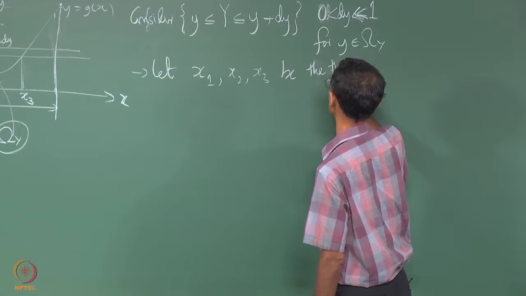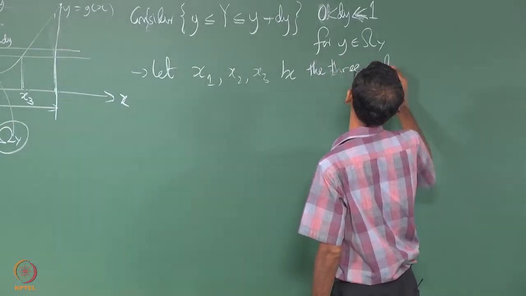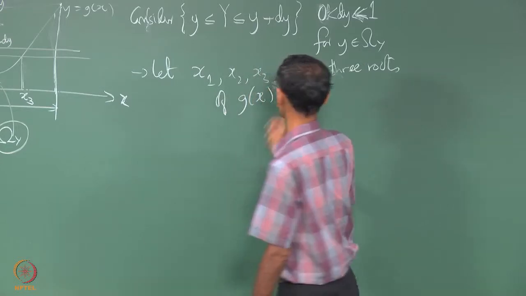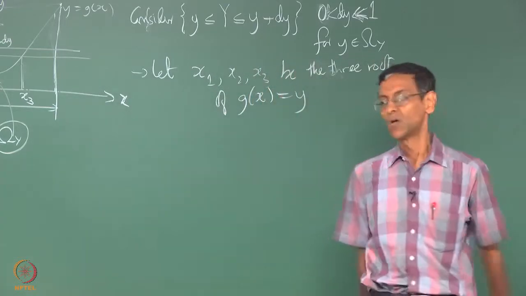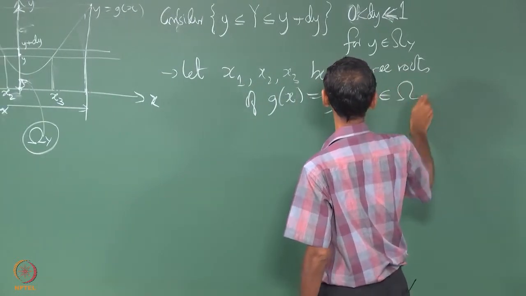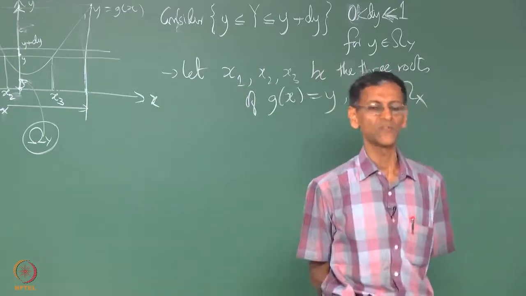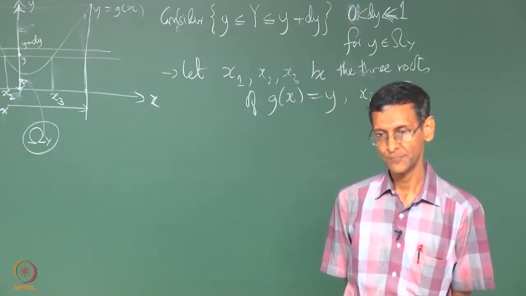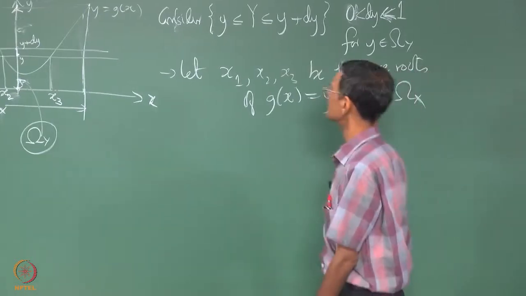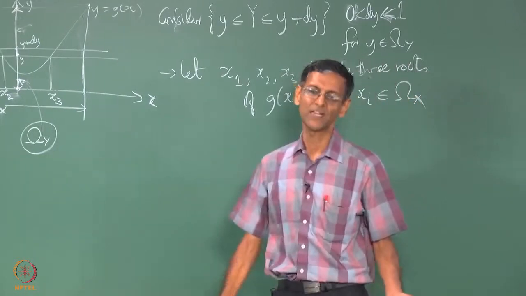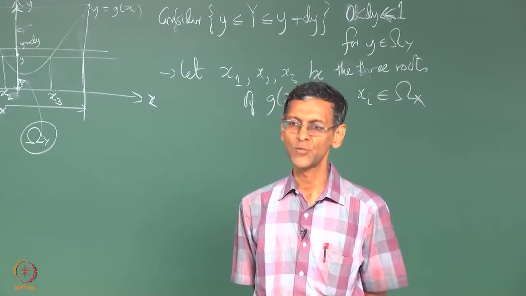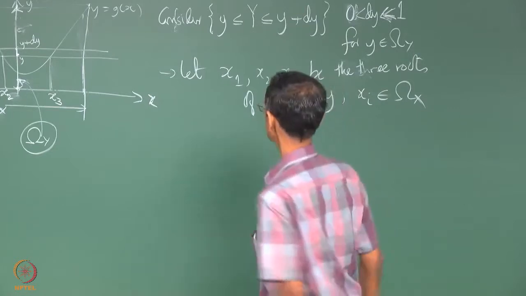The 3 roots of what equation? This g(x) equal to y. The 3 real roots where all of these xi have to belong to omega x. You are not interested in roots of the equation outside omega x. Right? There has to be at least one, but to make it more general I am assuming more than one, and in this picture there are 3.